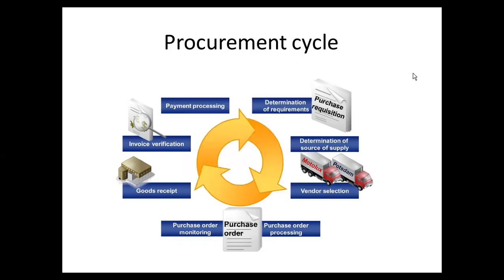With all that verification done, once it is okay, only then we will do the final settlement. So this is how the procurement cycle in SAP works, or you can say the general procurement cycle in material management.